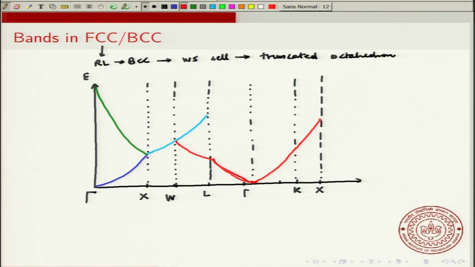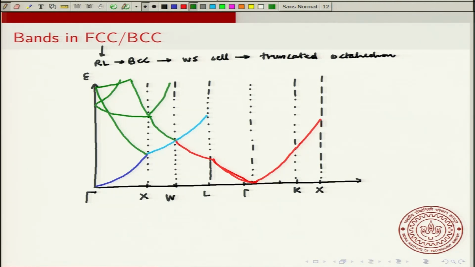And what I am trying to show is that you have a fairly complicated band structure. Again, this is just schematic.